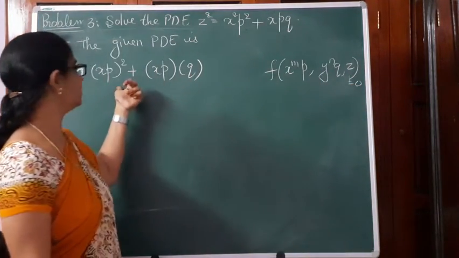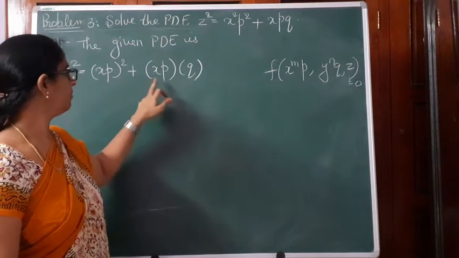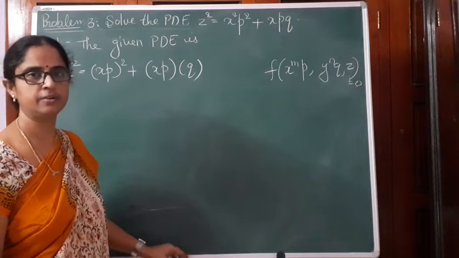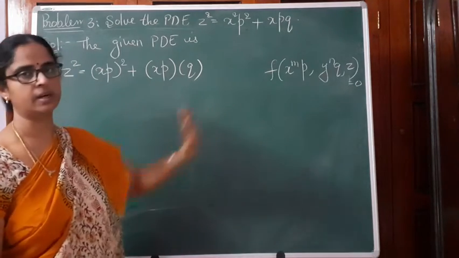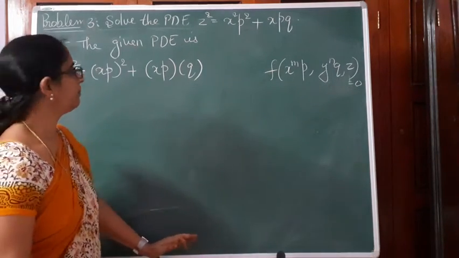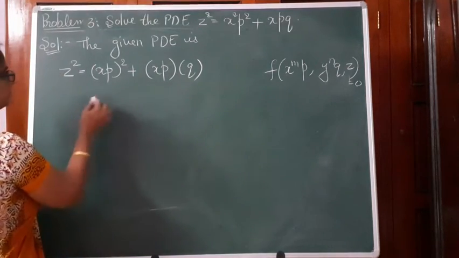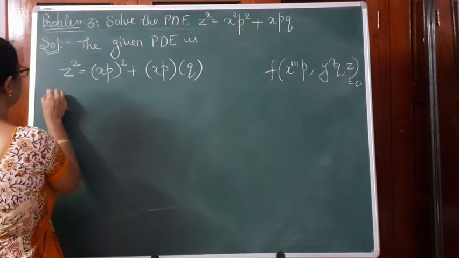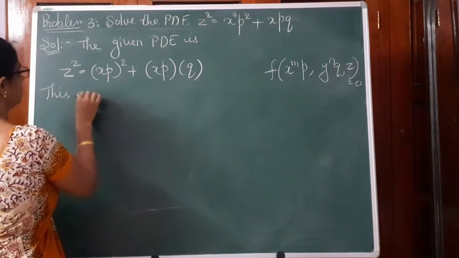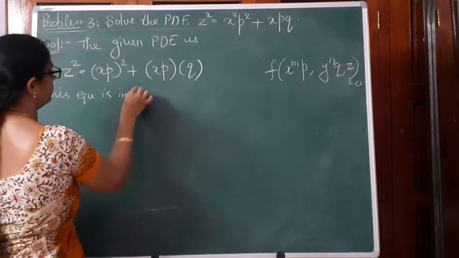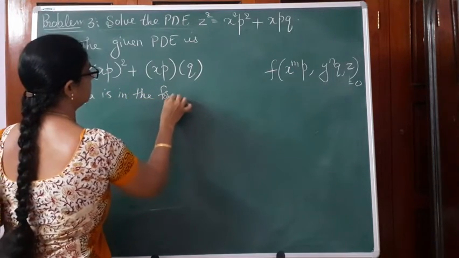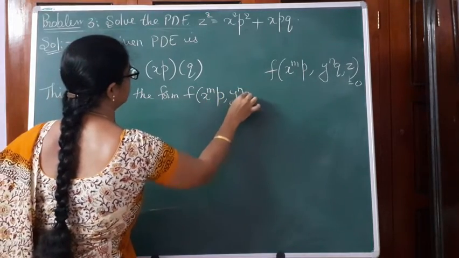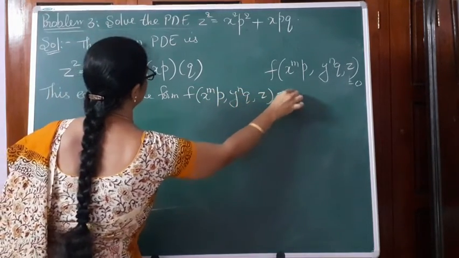Now the equation is in this form: f of x power m p, y power n q, comma z is equal to 0.